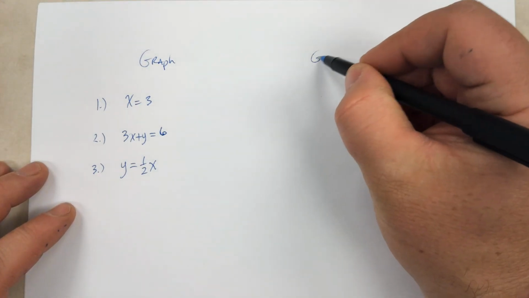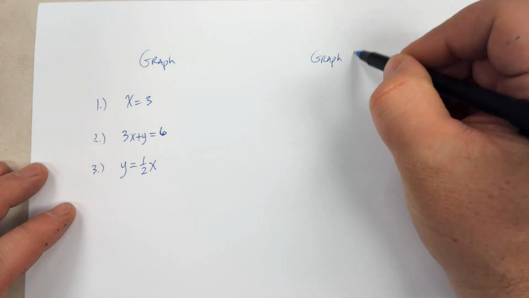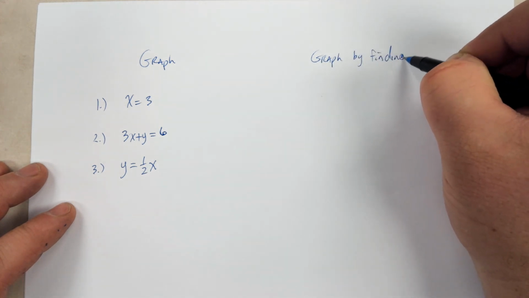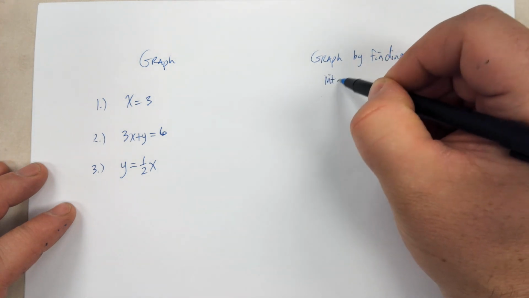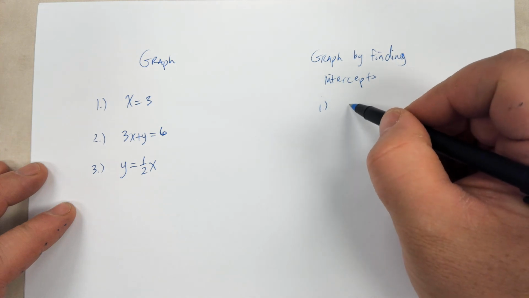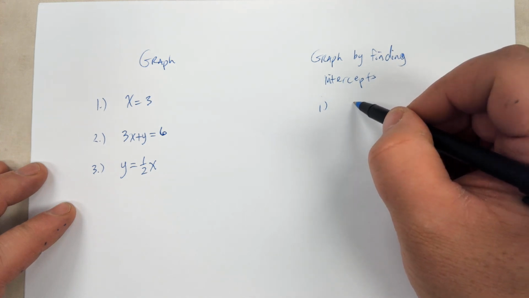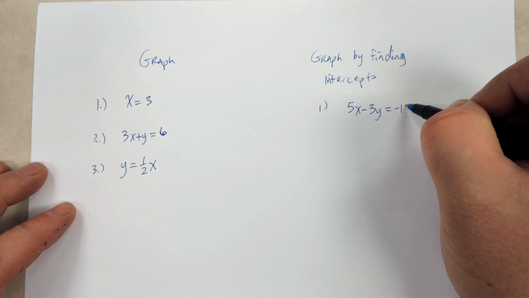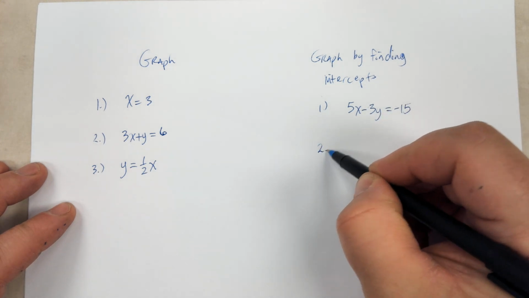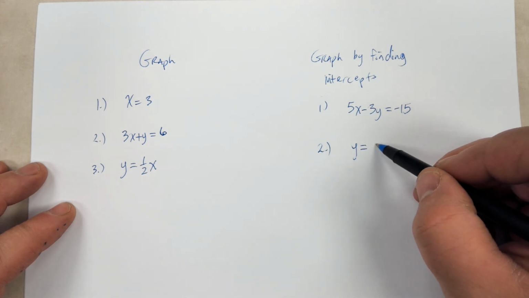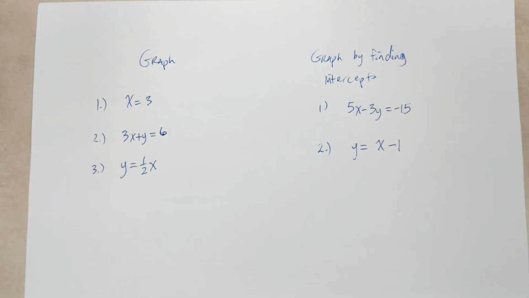And then here, let's say graph by finding intercepts. So let's try those.